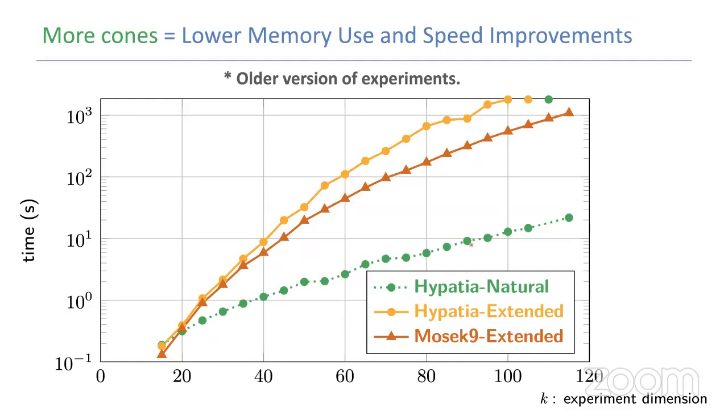And I was actually quite pleased that Hypatia could get this close to MOSEK on the same problems, because MOSEK is extremely advanced and has a lot of improvements that Hypatia doesn't have. So we got close. Of course, we couldn't win, but if we could solve a much smaller problem, now we had an advantage, and we could do a lot better in speed than MOSEK.